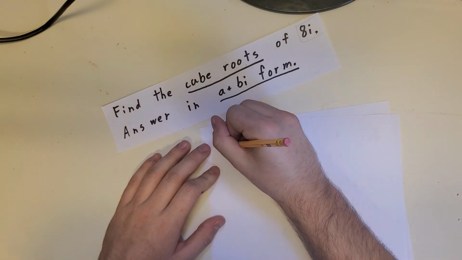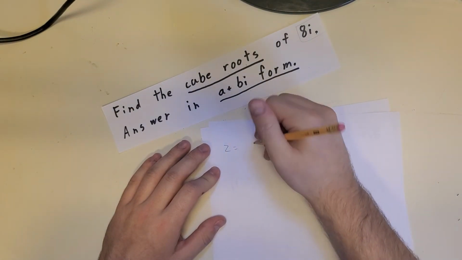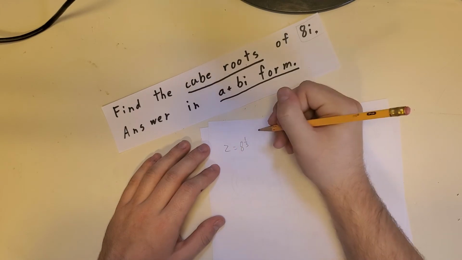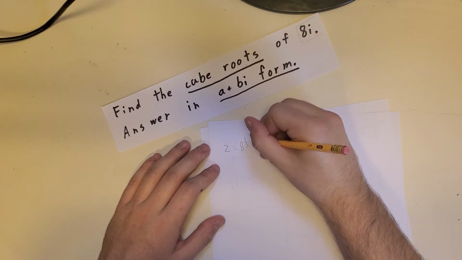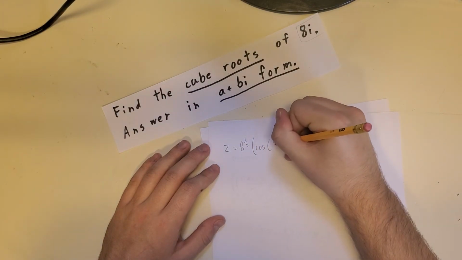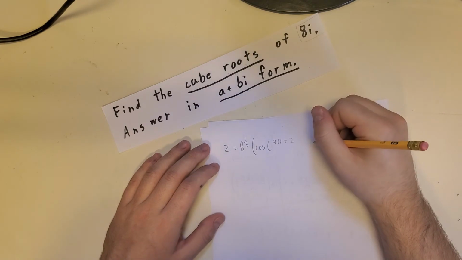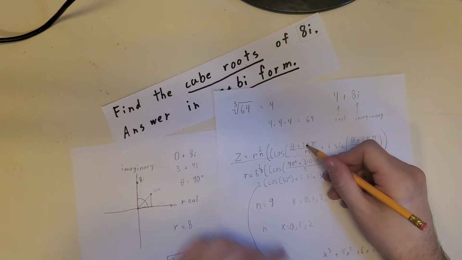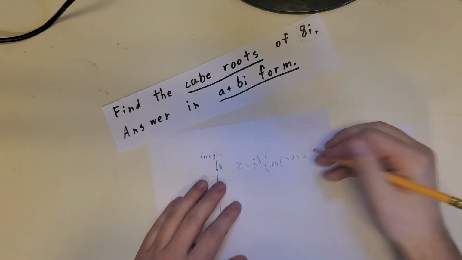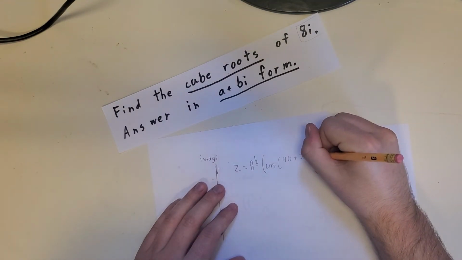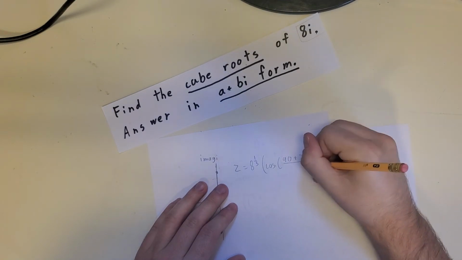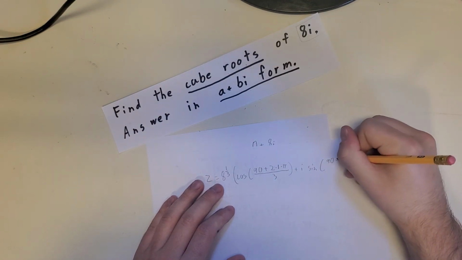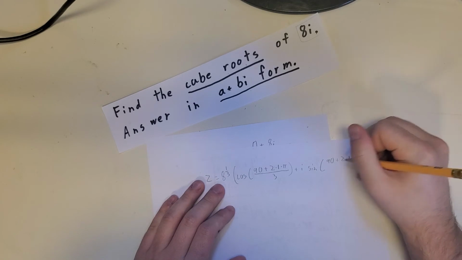So once again, our root z equals the modulus r, which in this case is 8, to the 1/3 times cosine of 90 degrees plus 2, and this is going to be, let me pull it up, oh, we're on the other side, 2k, and since we're on the next iteration, we're going to say k equals 1, 2 times 1 times pi divided by 3, plus I times sine of the same expression as the other one, 2 times 1 times pi over 3.